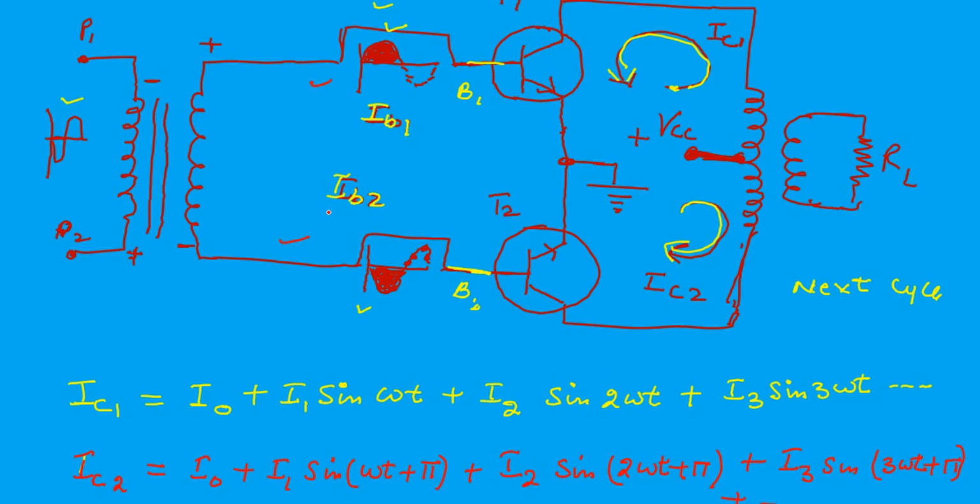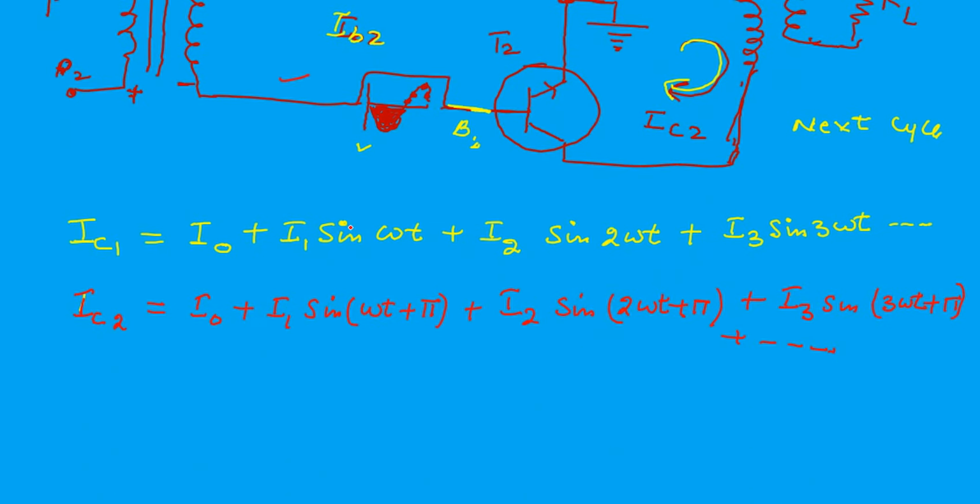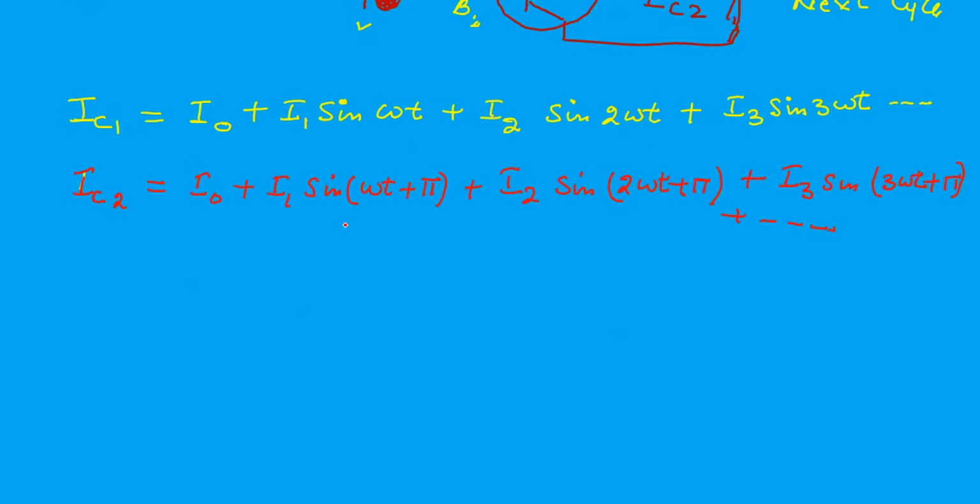Now here we are thinking that this is a general equation. If some DC collector current is also flowing, but if it is exactly class B operation, then there will not be any I naught. Then there will be only the signal currents like omega, 2 omega, 3 omega. But here I naught is also considered, if we are thinking that some current is also flowing in the absence of the signals.